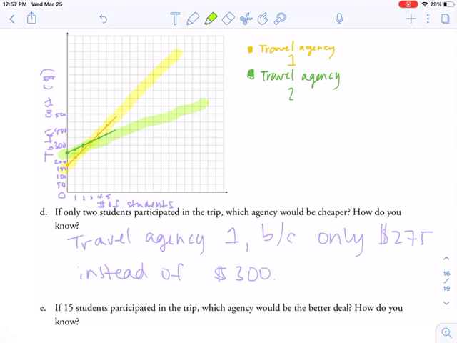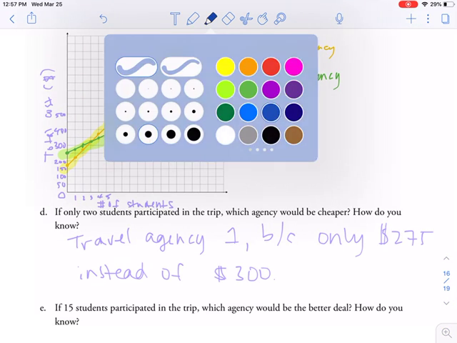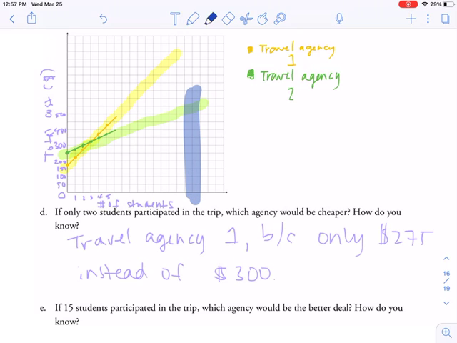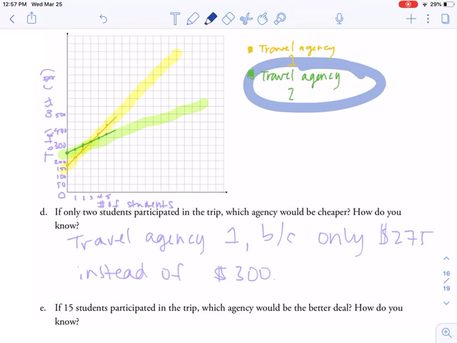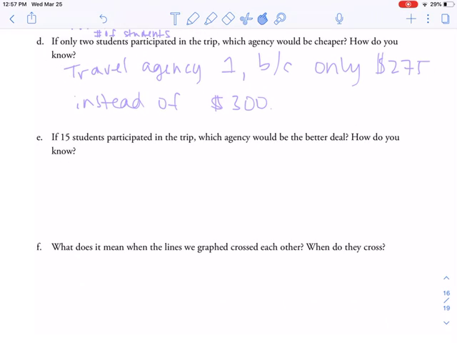And so by the time we get to 15 students, which would be maybe somewhere around here, you can see that that green travel agency, or travel agency 2, would definitely be cheaper to use as the company.